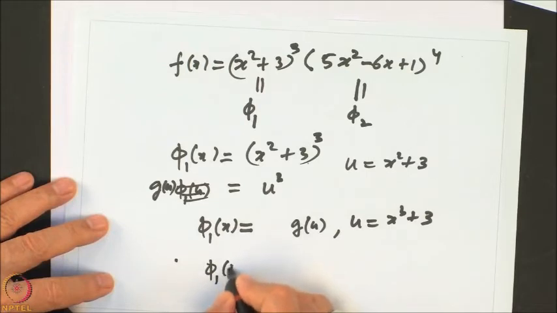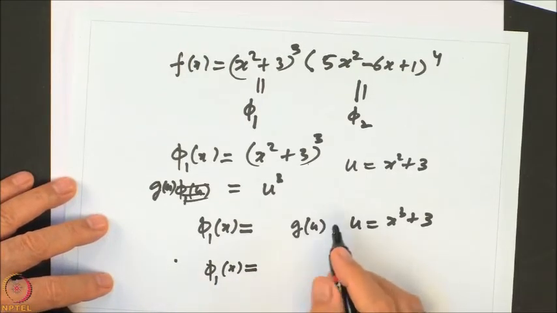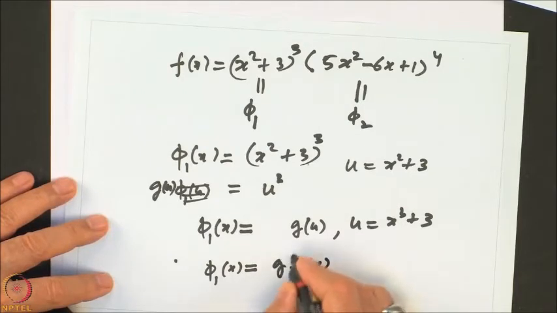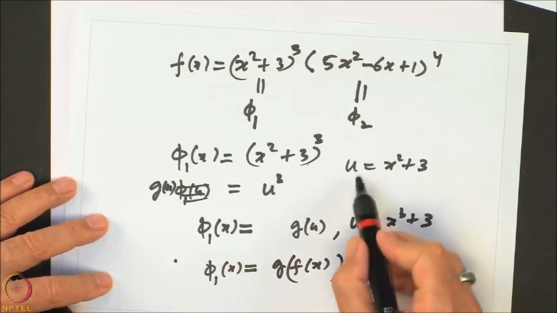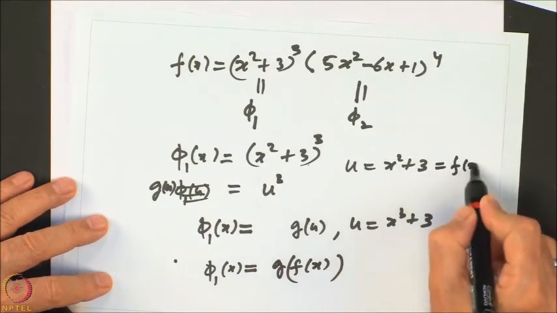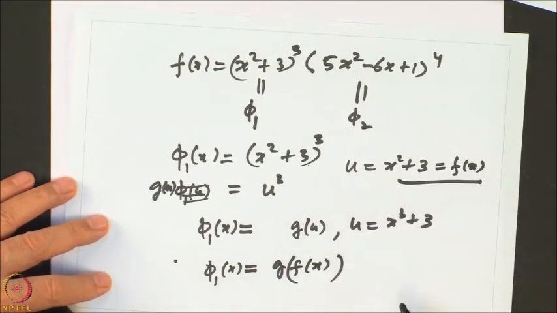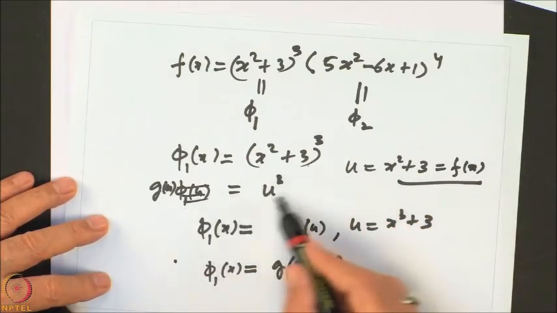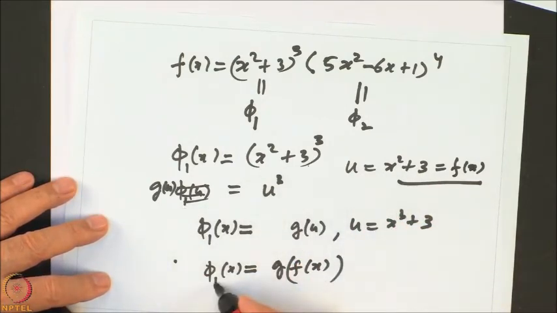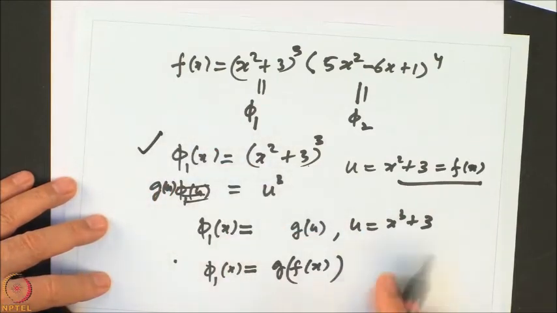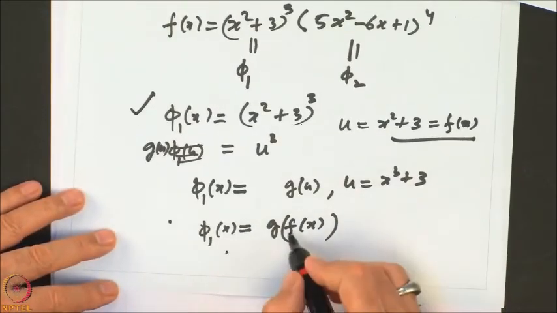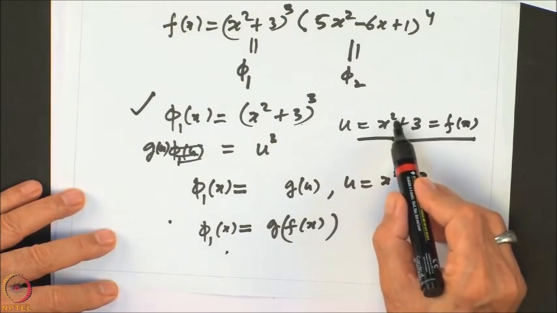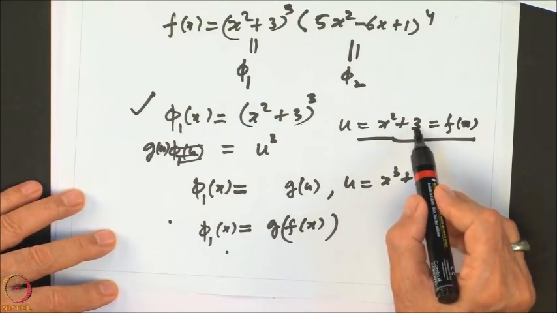So I can write phi 1 of x as first f of x and then g of that, so this is g of f of x. If I call f of x equal to x square plus 3, that is a function u, and g of u equal to u cube, then this is phi 1. The function f of x equal to x square plus 3 is a differentiable function of x.